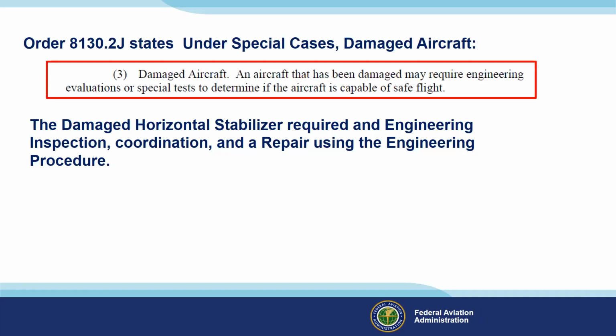It says under special cases for damaged aircraft, it may require engineering evaluations or tests. And this aircraft, the damaged horizontal stabilizer, did require engineering inspection, and they had to make a repair using a procedure developed by the engineers.